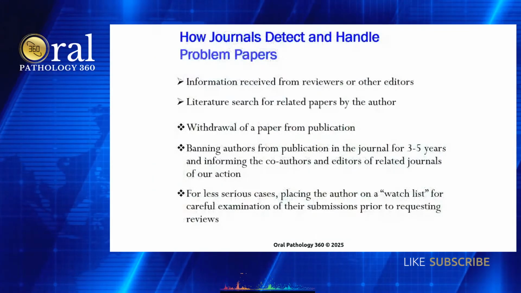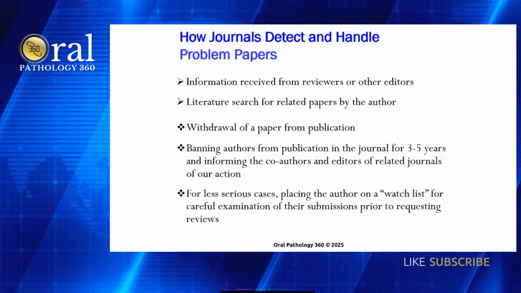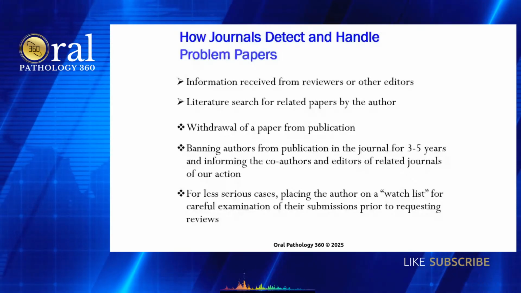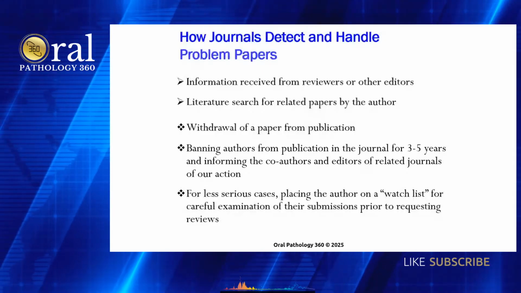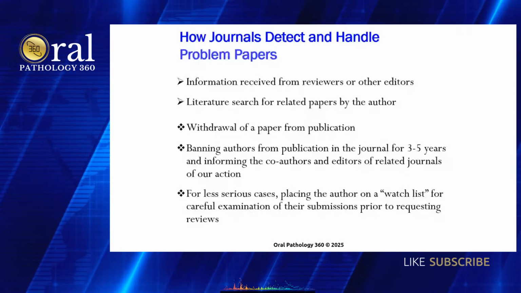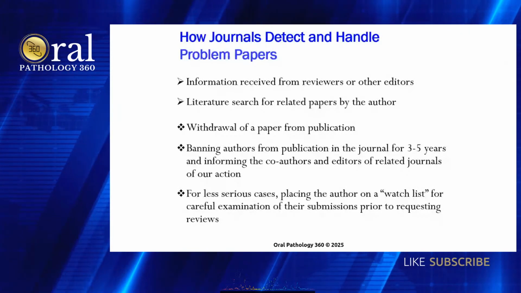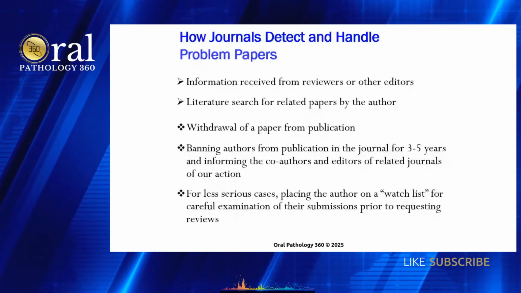How journals detect and handle problem papers. Suppose some unethical issues have been noticed, what do the journals do? Information is received from reviewers or other editors, and they may then do a literature search for related papers by the author. See, now it is possible to check.